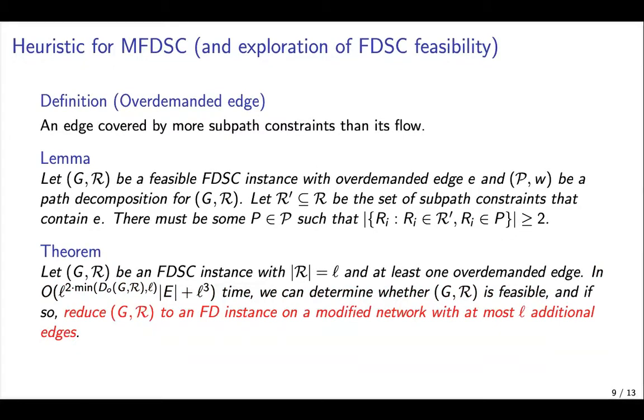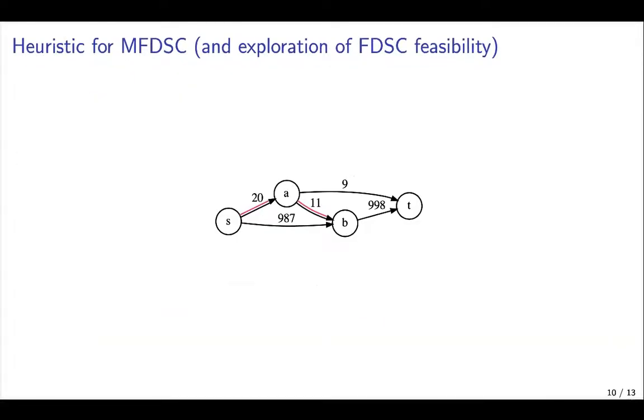The last thing to address to get a sense for this heuristic algorithm is how we solve an instance that has no over-demanded edges, but does have subpath constraints. We do this by taking the instance and mapping it to an FD instance so that any solution to the FD instance can be mapped back to a solution to the FDSC instance.